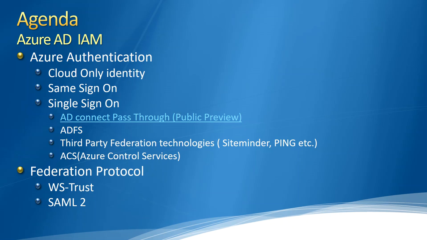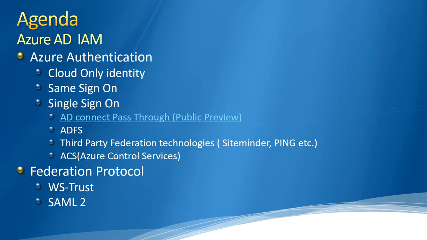That means the authentication is still happening in Azure AD. It's not coming back to on-prem where you have your identities. In the last session we did see the demo where we set up same sign-on using Azure AD Connect. Azure AD Connect is the synchronization tool from Microsoft, which helps you synchronize your identity from on-prem into Azure AD.